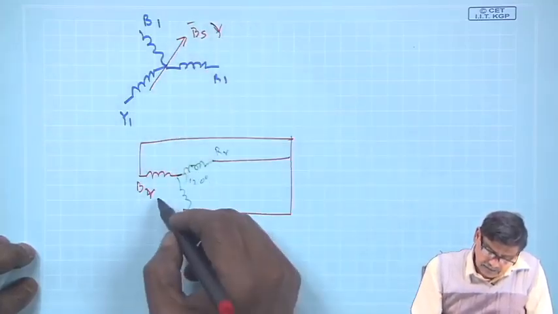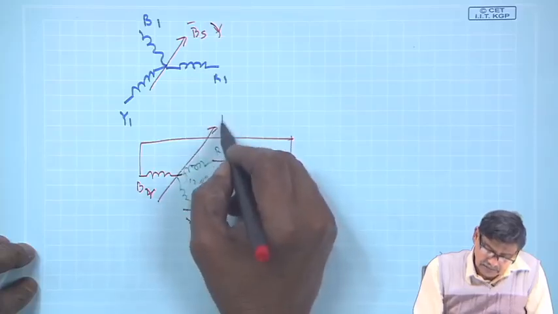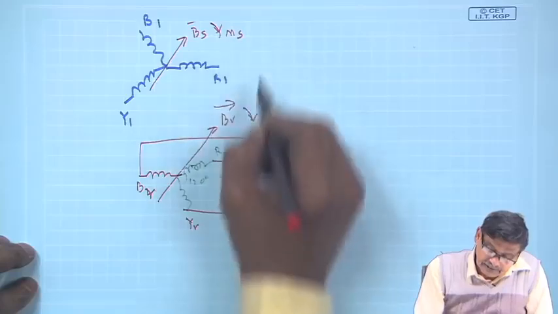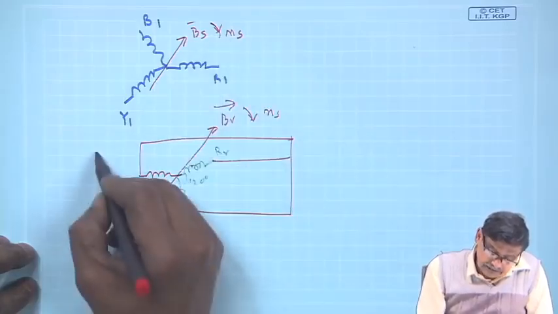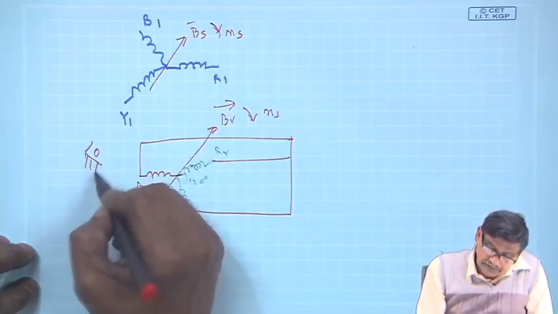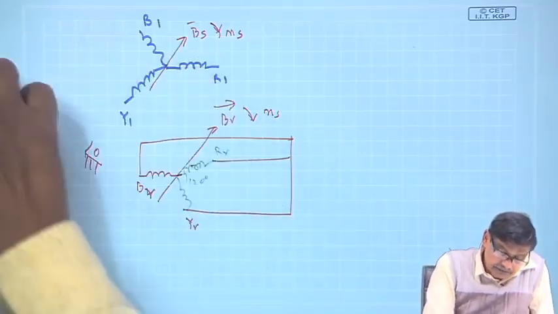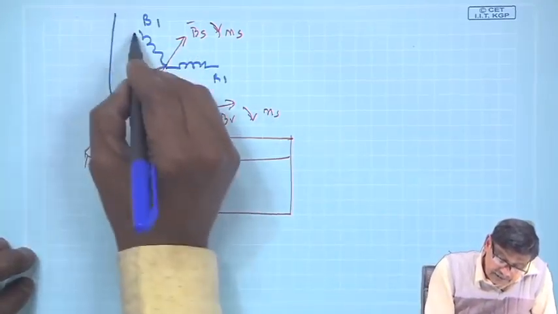Now, there is rotor current, Br is also moving with the same speed Ns, and with respect to a stationary observer, they conclude they are moving in the same direction.